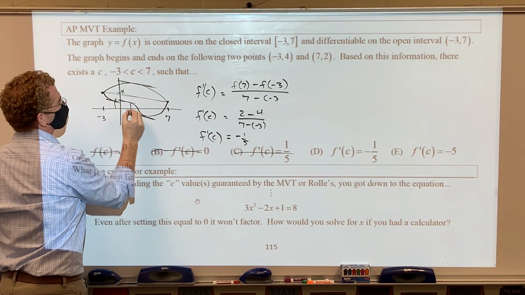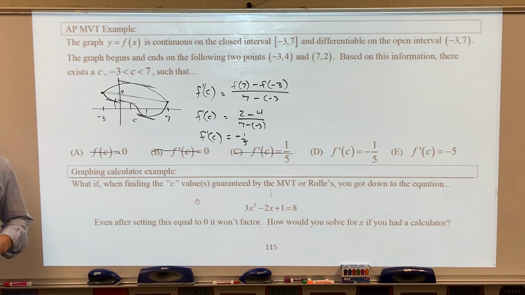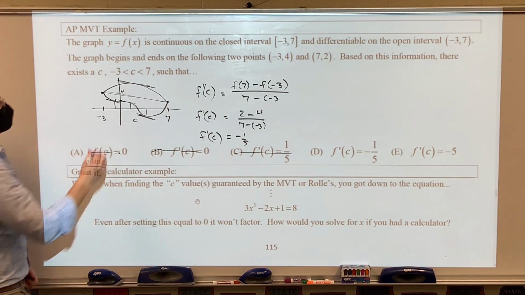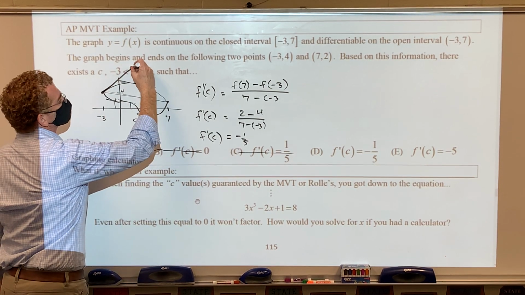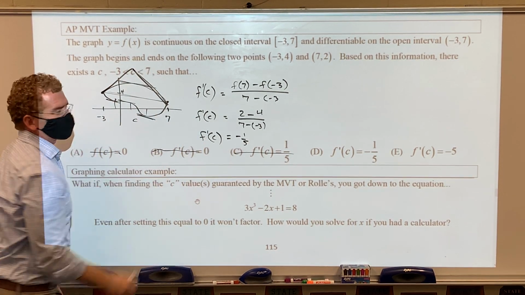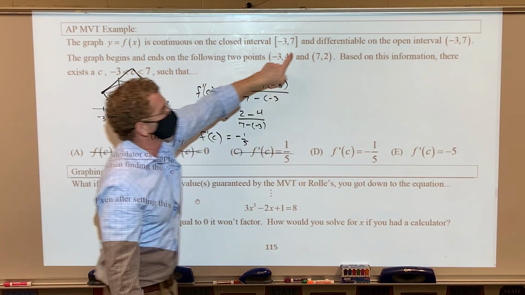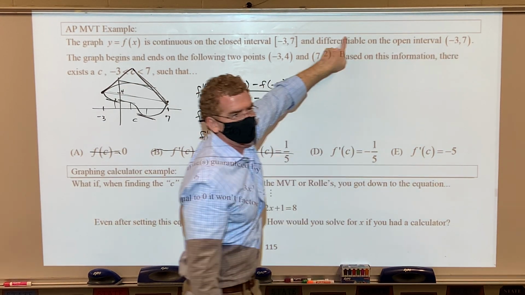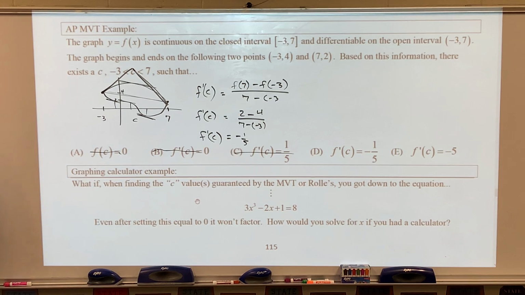You would end up finding 3 c's if it was something like that. But no matter what happens, you're going to have that, unless it's not differentiable. If it wasn't differentiable, then right there you never got a negative 1/5. But you can't assume that here because they said it was differentiable. Y'all with me? Gotta be D.